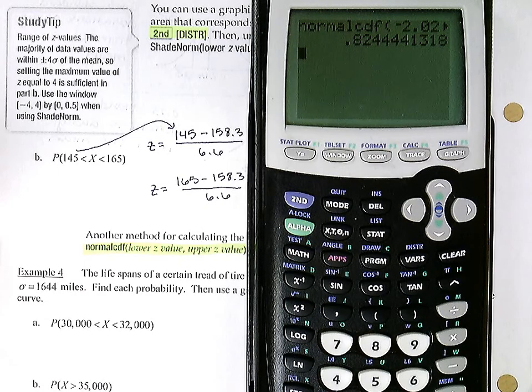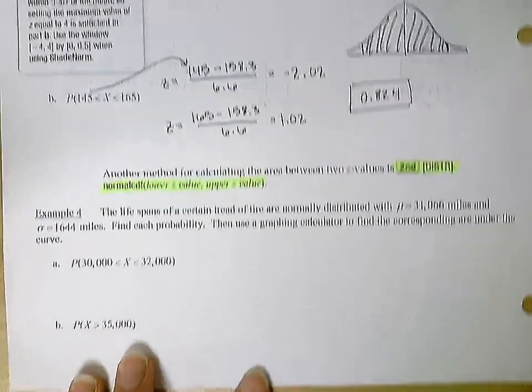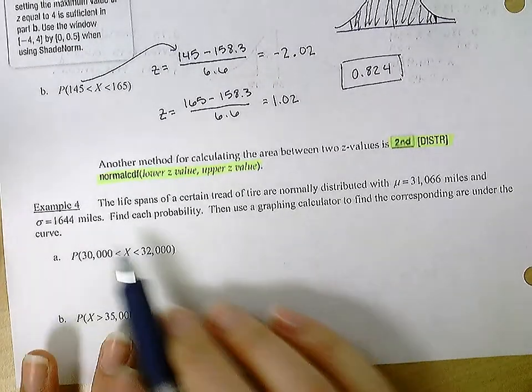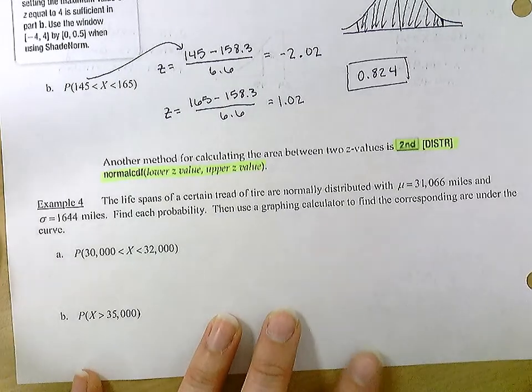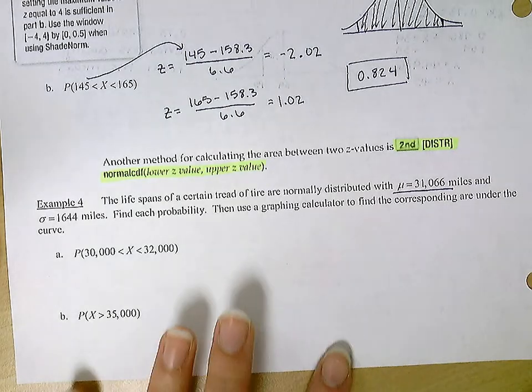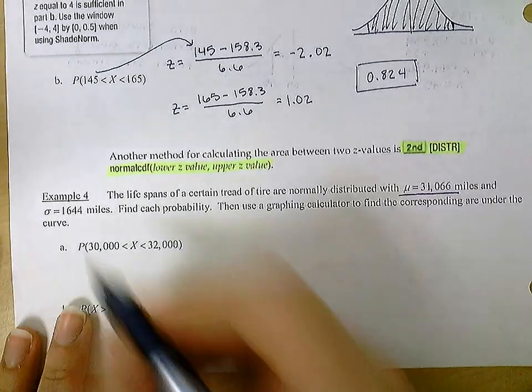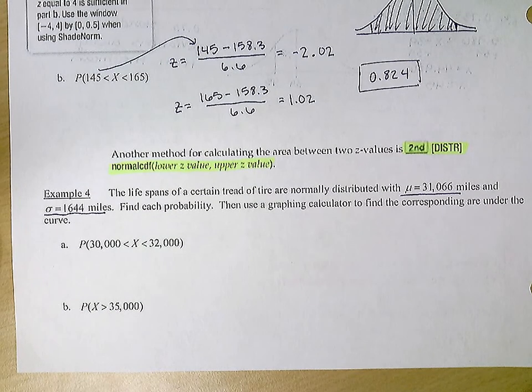Okay, so we're going to do another example using that. I'll do it again, just doing another example without the graph. The lifespan of a certain tread of tire are normally distributed with mu 31,066 miles and standard deviation of 1,644 miles.